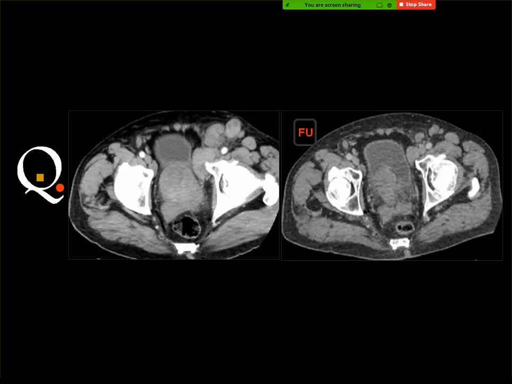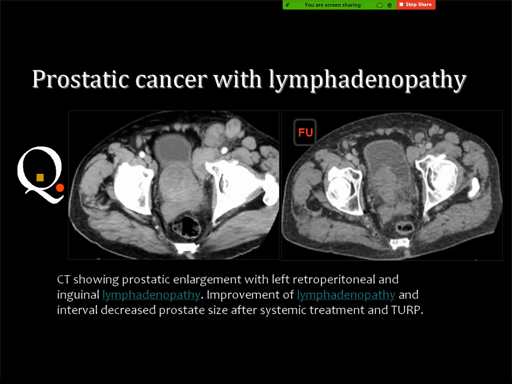Then the possibility of invasion to the bladder. This actually was a prostatic cancer with metastatic lymphadenopathy. You can assume this from this film, and you confirm your diagnosis by the response to the chemotherapy.